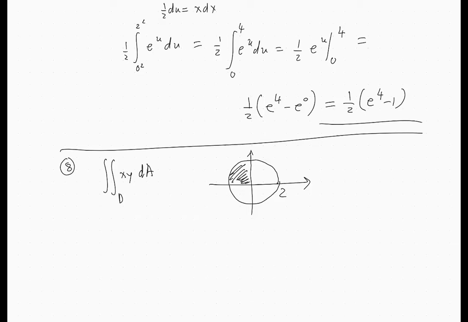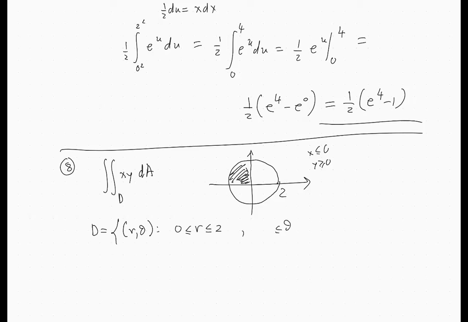And I also want you to understand that we could have said x less than or equal to 0 and y greater than or equal to 0. It would have been exactly the same computation because you're including or excluding, if you like, parts that have volume 0. So what do we do? First of all, describe the domain in terms of polar coordinates. So this is r, theta, so that r is between 0 and 2, and theta is between pi over 2 and pi.